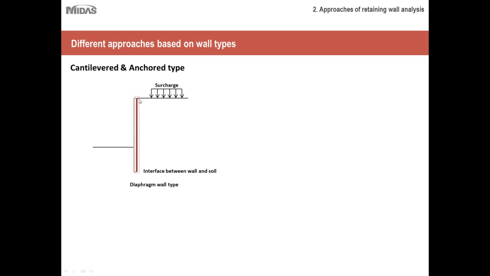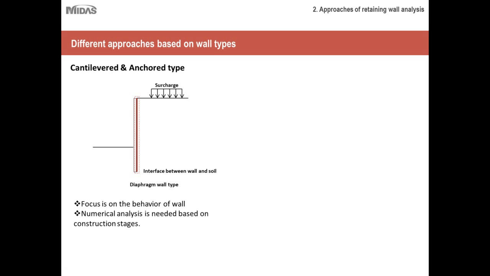The cantilever wall has just one structural member, and that is what we have to design. So it is this wall member that governs the design, and our entire focus of the design is on this wall behavior.